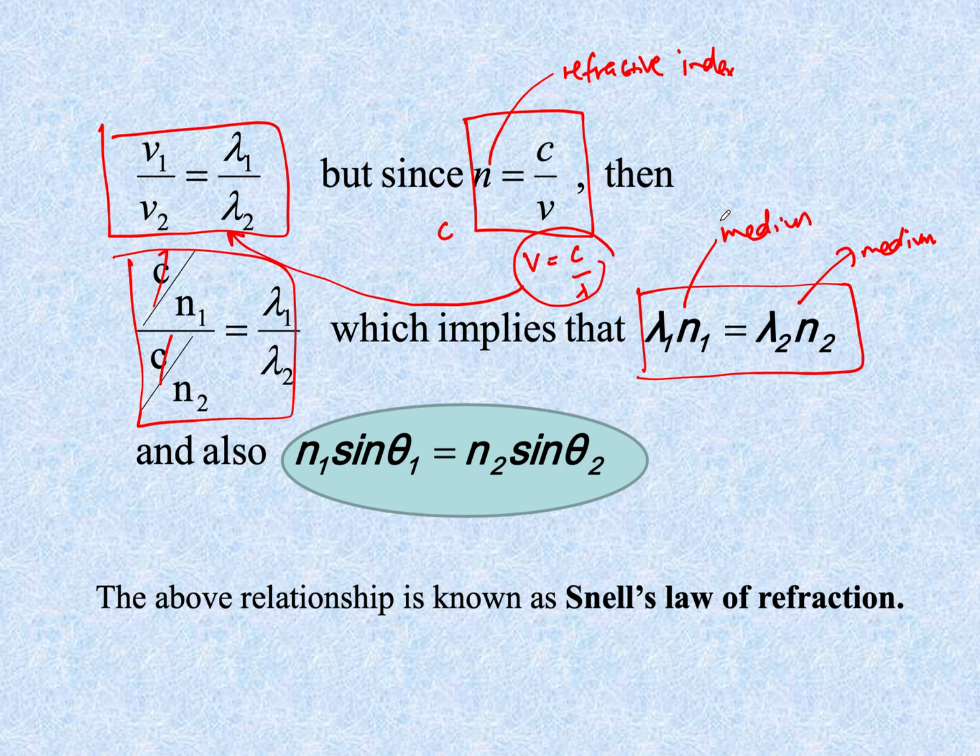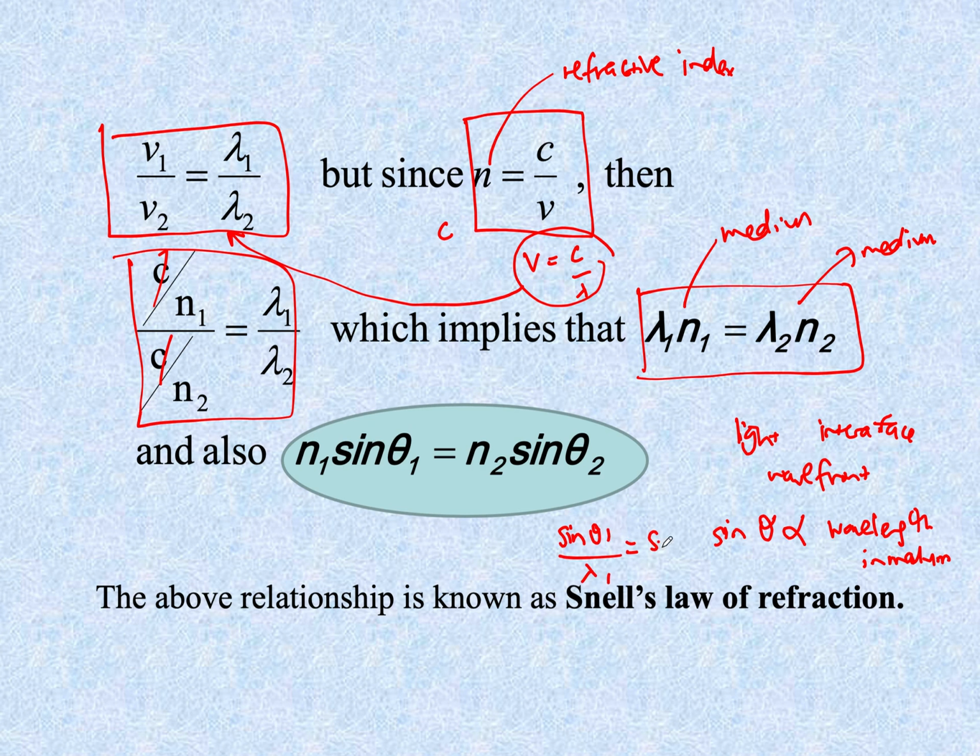If the light strikes the interface wavefront, it has its own angle in each medium, and the angles differ due to the different wavelengths. So we can say that sin theta is directly proportional to the wavelength in the medium. So we have sin theta 1 over lambda 1 equals sin theta 2 over lambda 2.